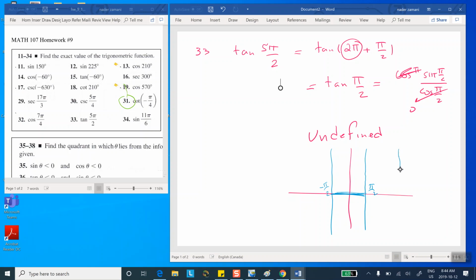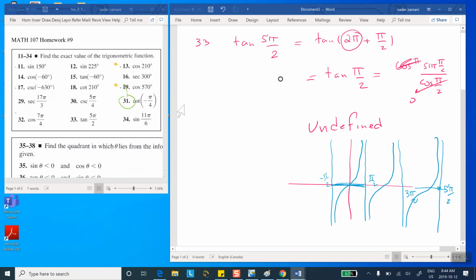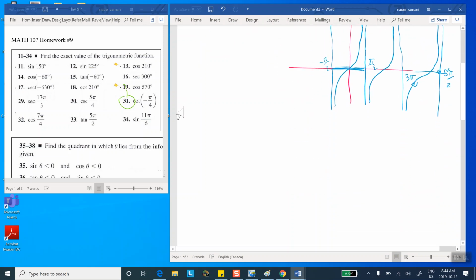So the next one is going to be 3 pi over 2, vertical asymptote. So the curve goes like this, the curve goes like that. And of course, the next one is going to be 5 pi over 2, and the function goes like that. So at 5 pi over 2, you can see that the function shoots to infinity. Last one from this group of problems, number 34.